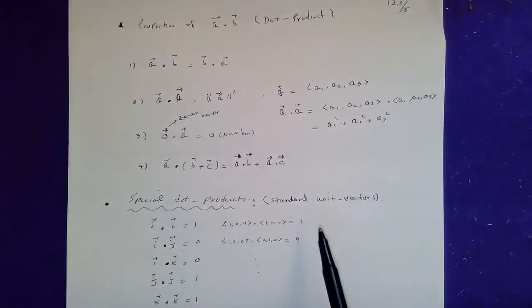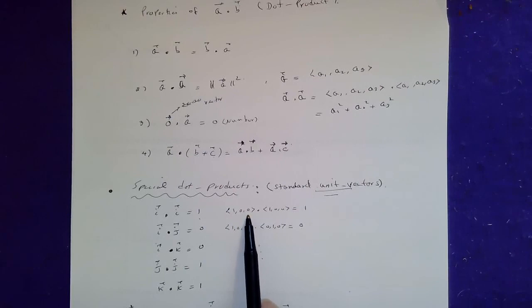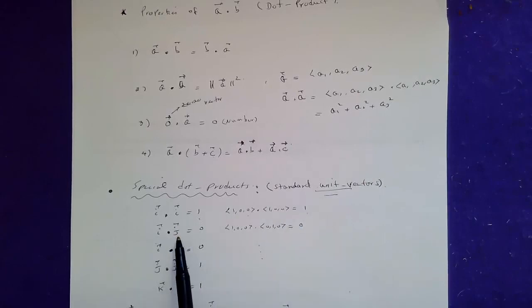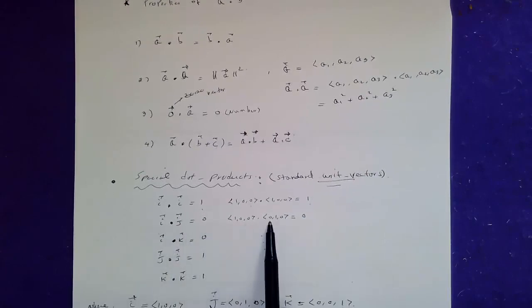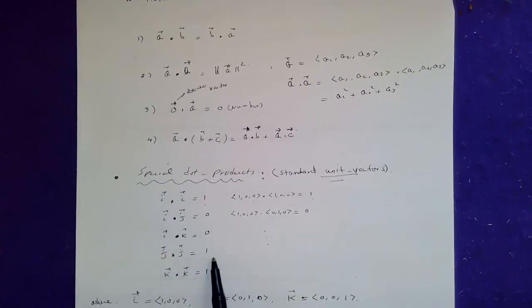Special dot products for standard unit vectors. I dotted with I is 1 because I is a unit vector along the positive x-axis. You take the dot product of I and I, you get 1. But if you take the dot product of I and J, you get 0. I dot K is 0, J dot J is 1, K dot K is 1.